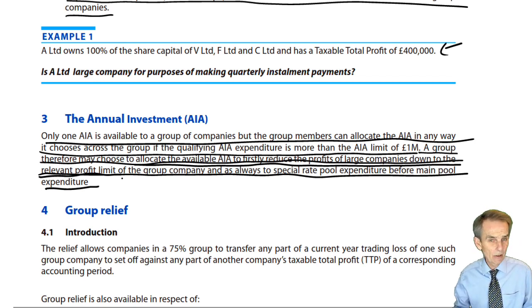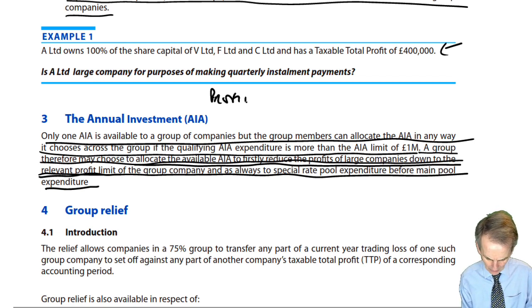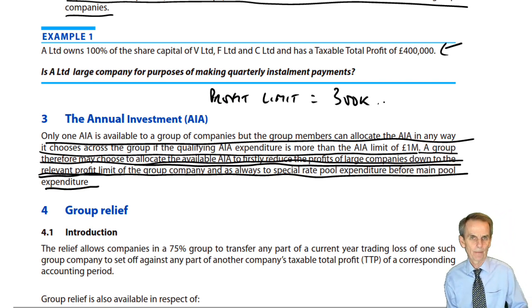So if we had, as we started with in terms of our AV group, 5 companies who were related 51% group companies for this period, that created a profit limit of £300,000.